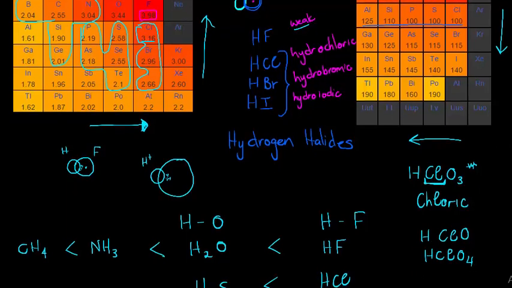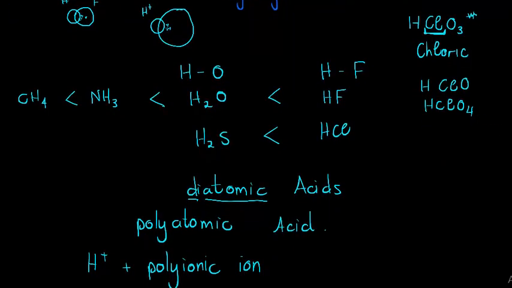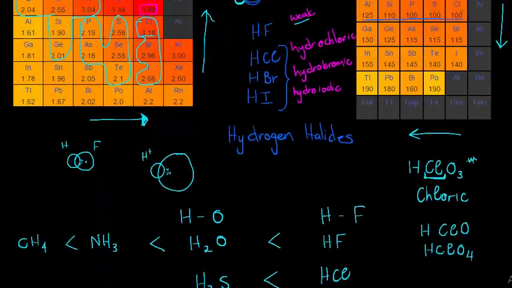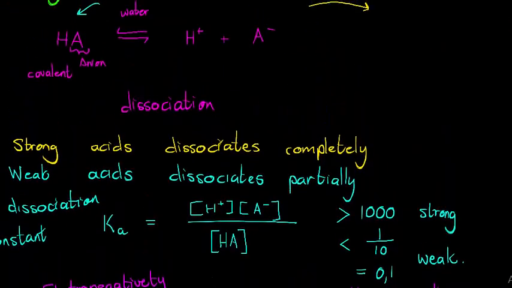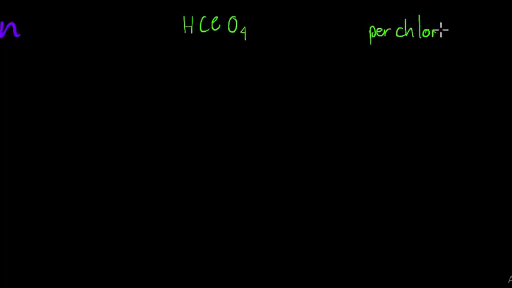I will look at all of these in just a moment, but just to give you an idea of the acid strengths that we have so far, the strongest acid that we are going to encounter is perchloric acid. This is called perchloric acid, and we'll look at the names again.